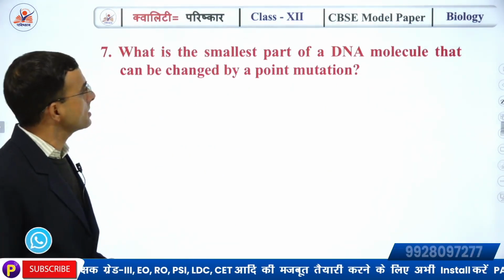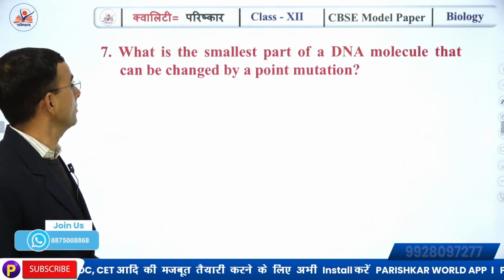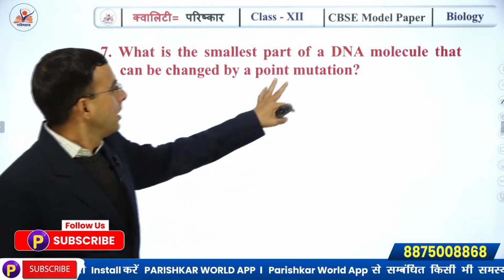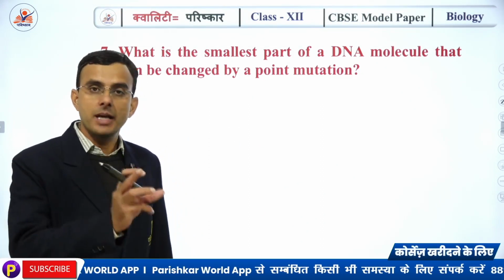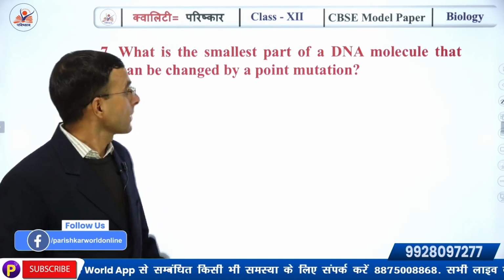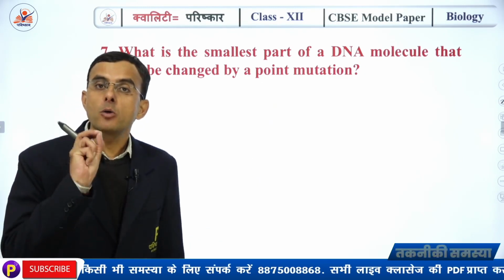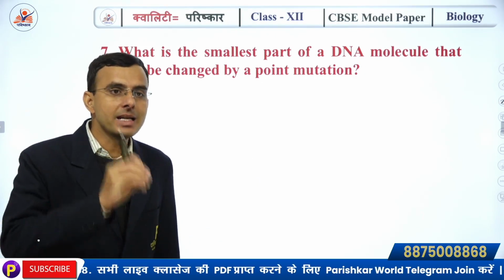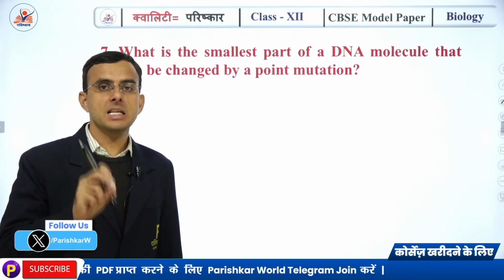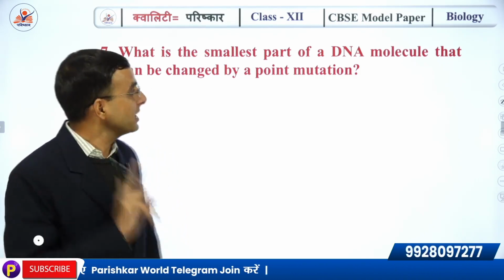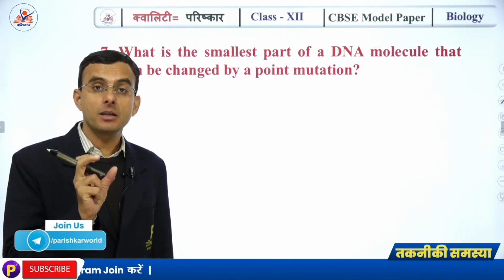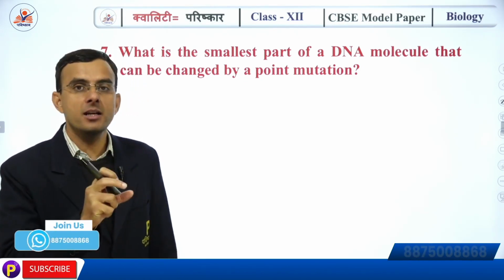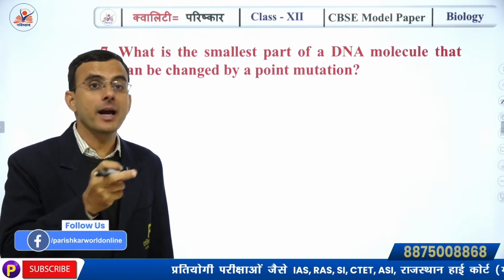Now the next one: what is the smallest part of a DNA molecule that can be changed by point mutation? Mutation means a heritable change in the genetic material. And if we are talking about a point, point means that particular place, and in the DNA structure that particular place is the nucleotide, because we know that DNA is made up of nucleotides, and a nucleotide is made up of a nitrogen base, a sugar and a phosphate.